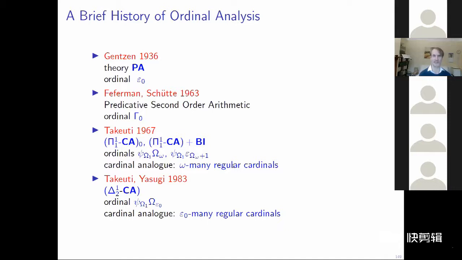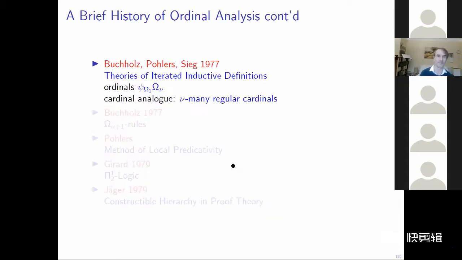In the end, you end up with something computational, a representation system. But just to give you an idea of what these thought experiments involve, in the case of Takeuti, 1967, they involve omega many regular cardinals. In the case of the 1983 work with Arai, it involves epsilon many regular cardinals.